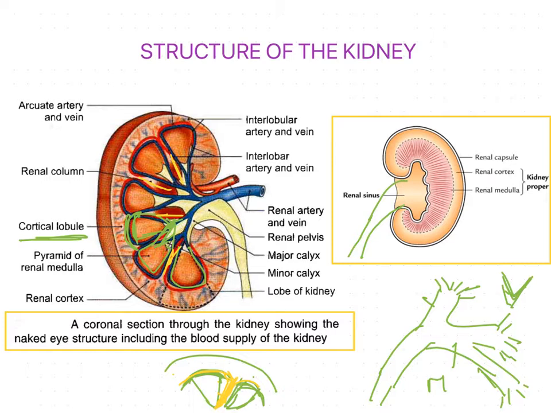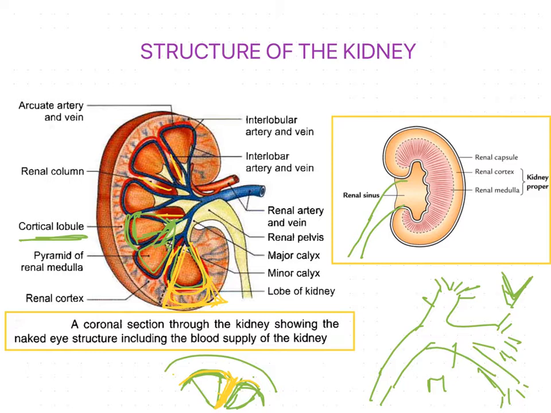Consider each pyramid along with the overlying cortical arch. What forms the lobe of the kidney?